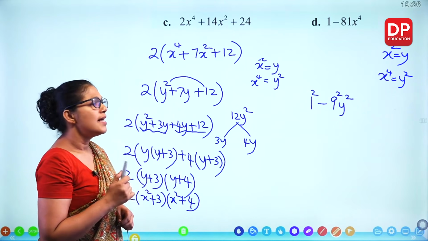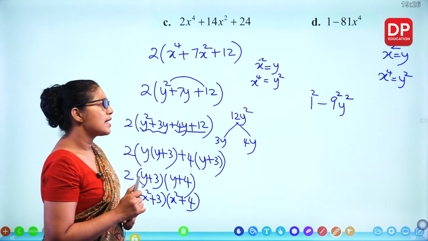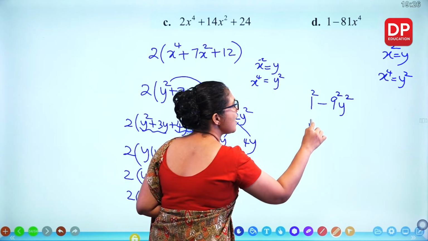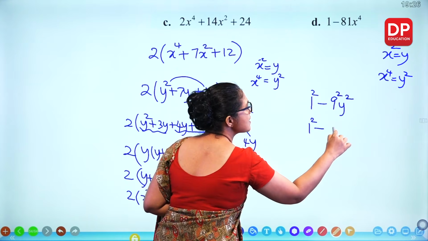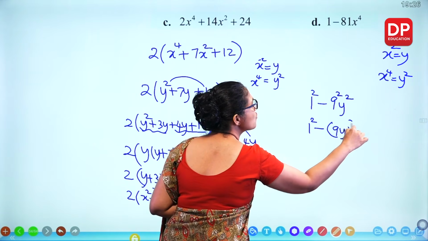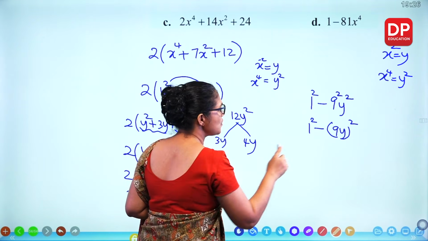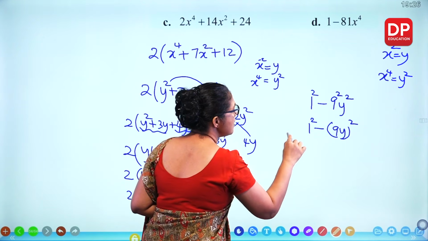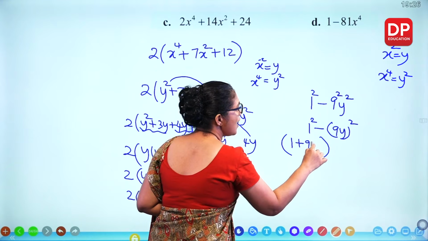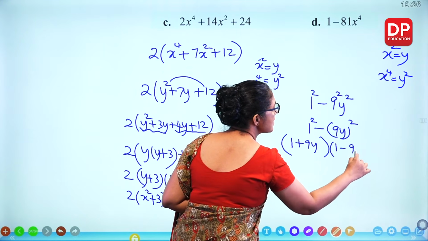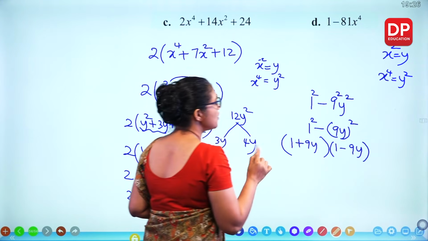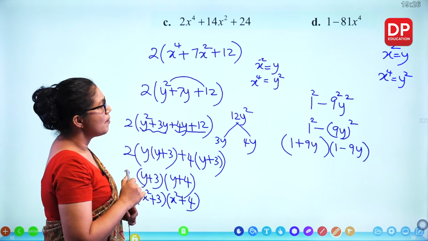Now we see this is the difference between 2 squared terms. So we can straight away write 1 squared minus 9y whole thing squared. You can write 1 plus 9y and 1 minus 9y. So this is the answer for part D.